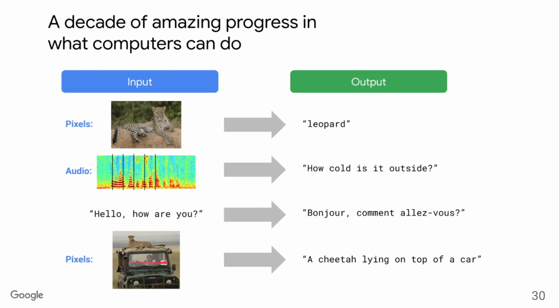So in this case, it's a picture, and instead of just identifying this is a leopard or a cheetah, I can't really tell the difference here, but it can actually take the context, and it can say a cheetah lying on top of a car. So this is adding more understanding in addition to what otherwise would have been a simple CNN.